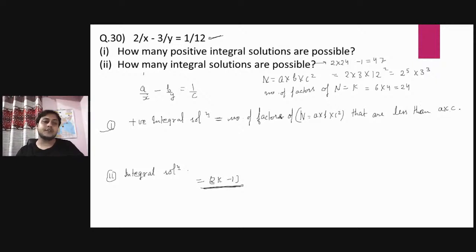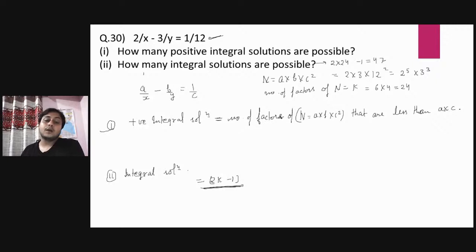A is the coefficient of 1 by x. C is the constant term, means 1 upon the denominator, that is c. Got it?